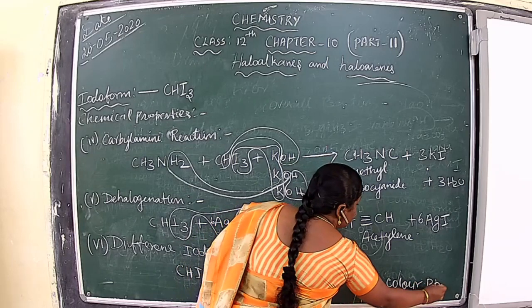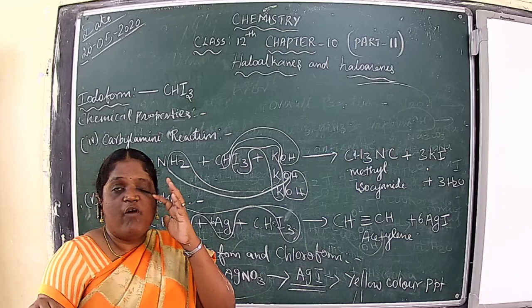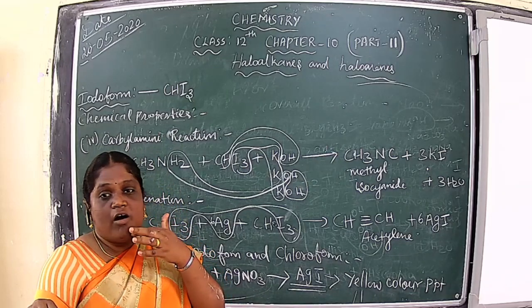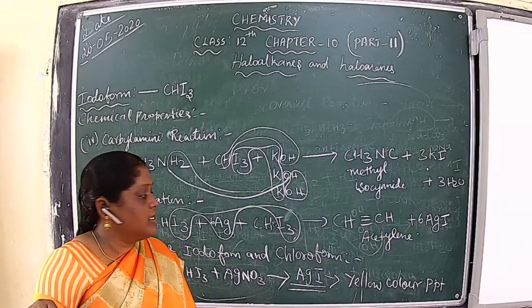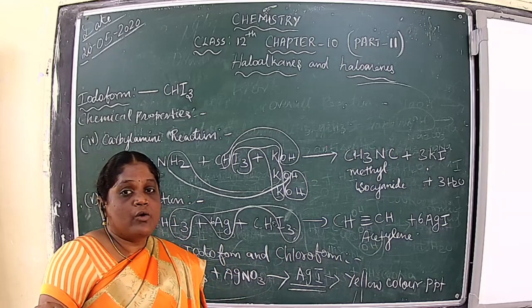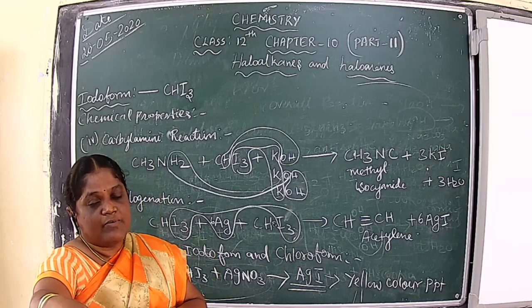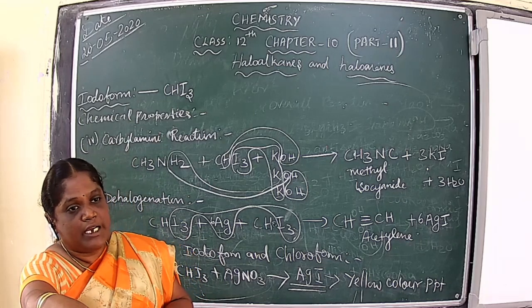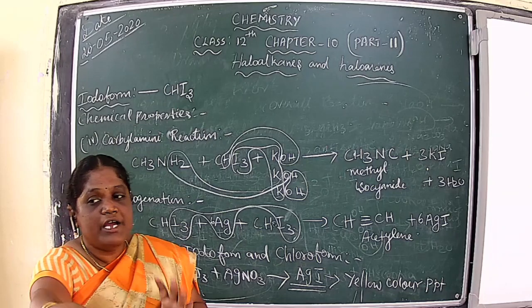But when chloroform reacts with silver nitrate, it will not give a precipitate of silver chloride, so it does not show the color of the precipitate. Clear? So this is the difference of iodoform and chloroform.